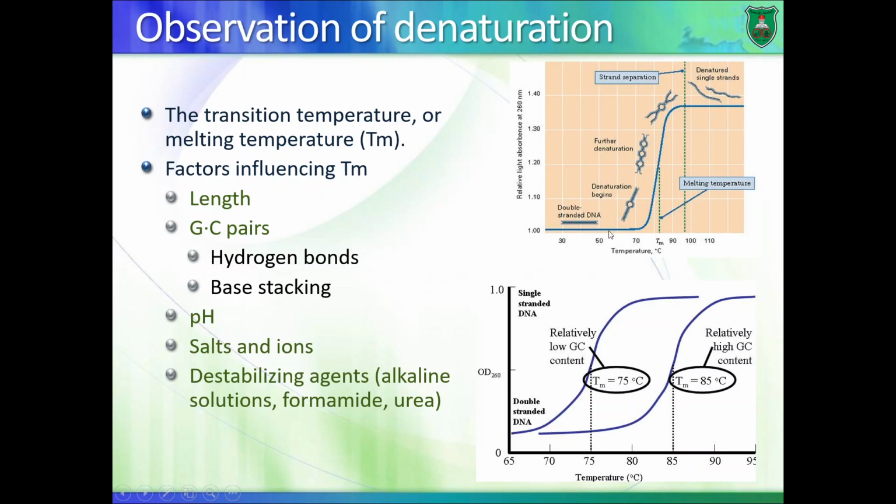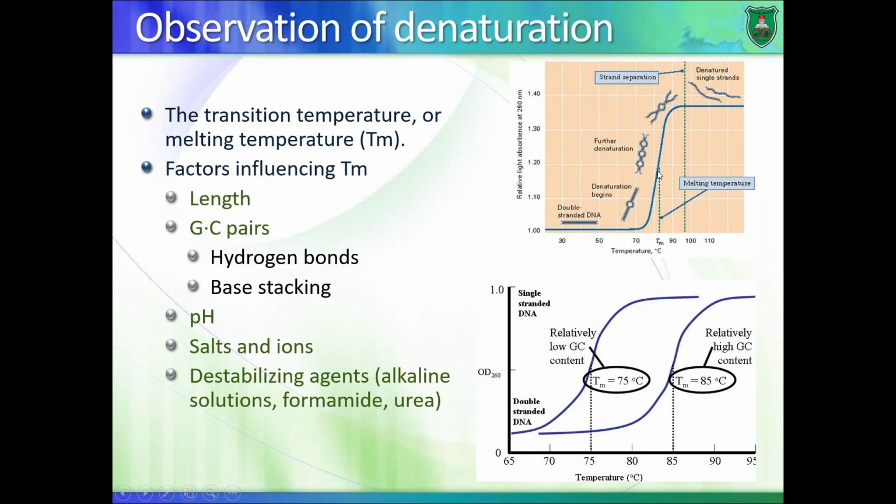Once I increase the temperature from 50 to 70 to 90, the hydrogen bonds between the two strands start to be disrupted. Okay? So you can see here that the DNA strands start to be separated from each other.